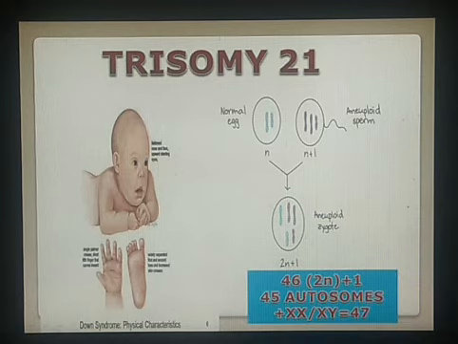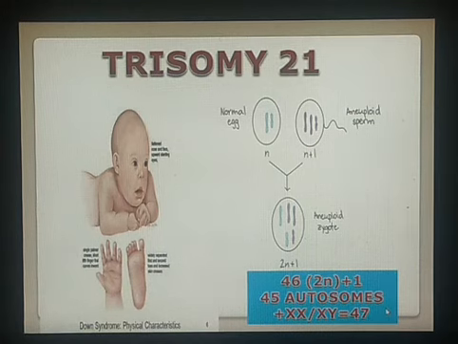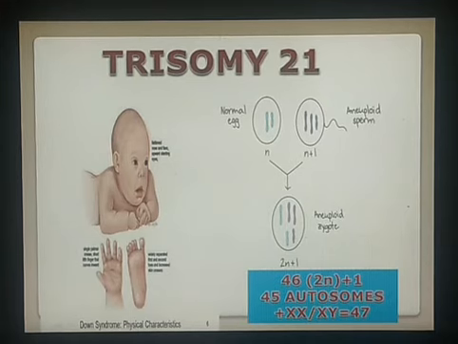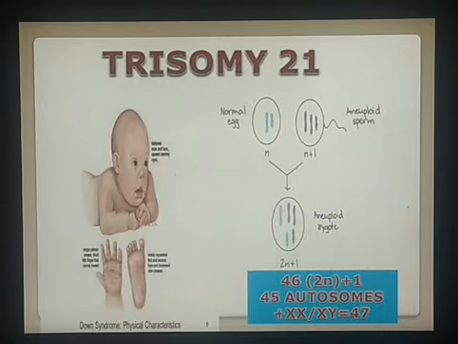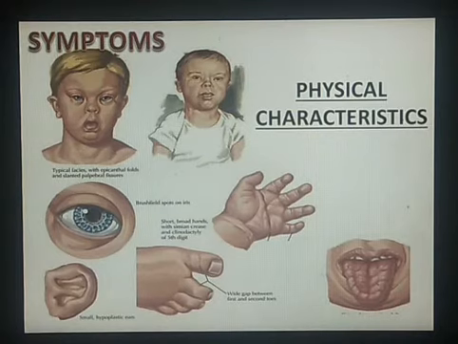Therefore, these individuals will have 45 autosomes in place of 44, right? And therefore, they will have altogether 47 chromosomes in each cell, leading to Down syndrome or trisomy 21. The afflicted individual will show the following symptoms or physical characteristics.